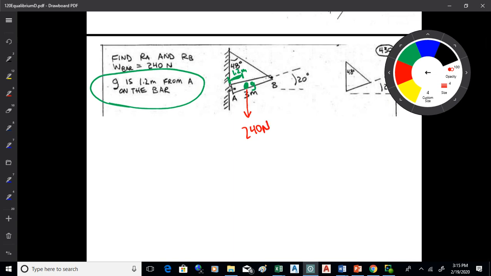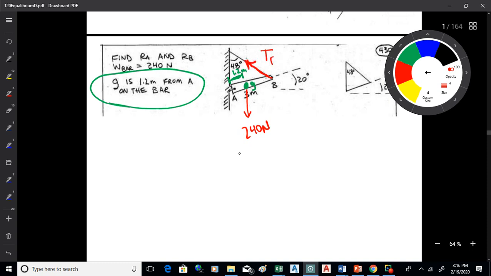Now for the rest of this free body diagram, I'm just going to have a look at the forces applied. I've got the weight of that bar. I see that pin joint at A, and when I see that pin joint at A, I realize the thing is going to try and rotate about A. I have this cable at B. Now cables pull, so I have that force right there.